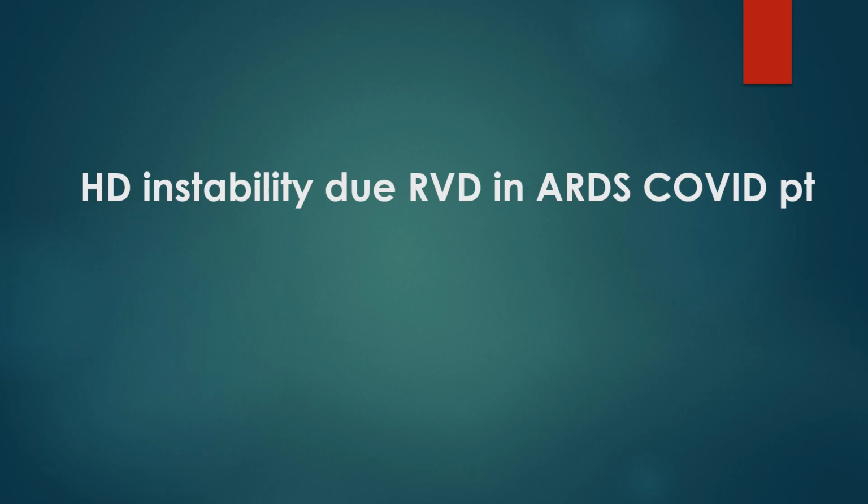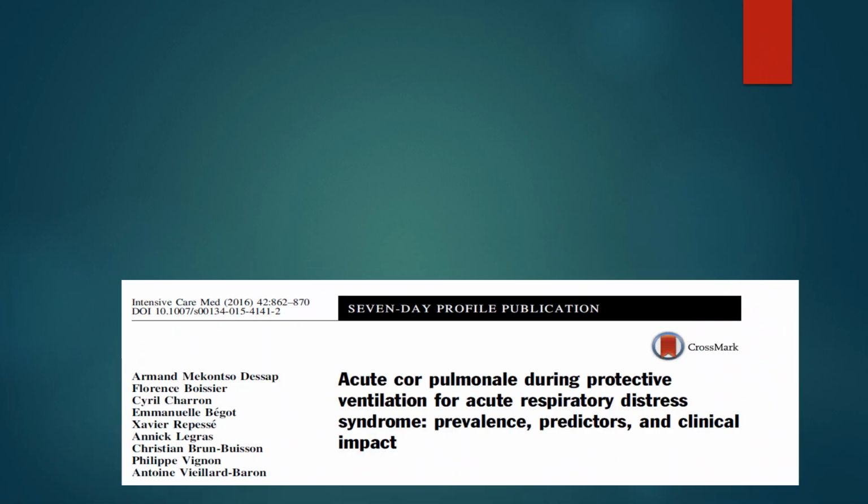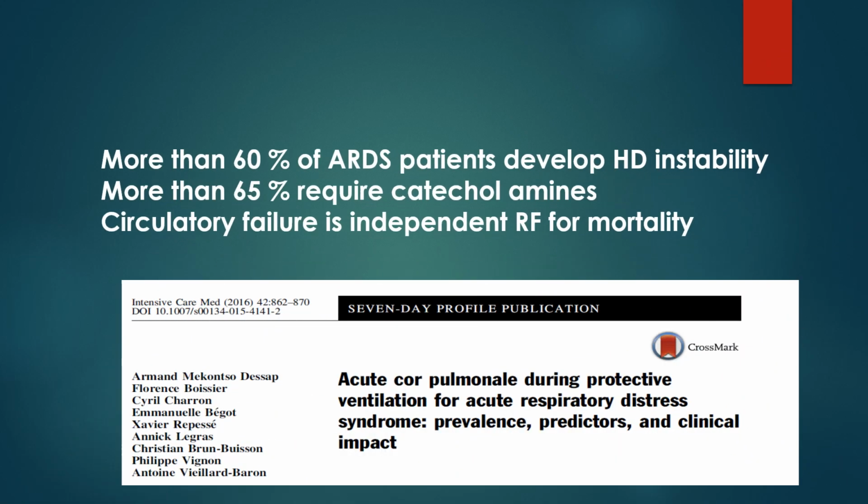Hemodynamic instability in any ARDS patients, especially if they are COVID patients. There is a well-known reason for ARDS patients to be unstable hemodynamically, which is the RV dysfunction. In ARDS patients it is found to be common actually. More than 60% of ARDS patients develop hemodynamic instability.